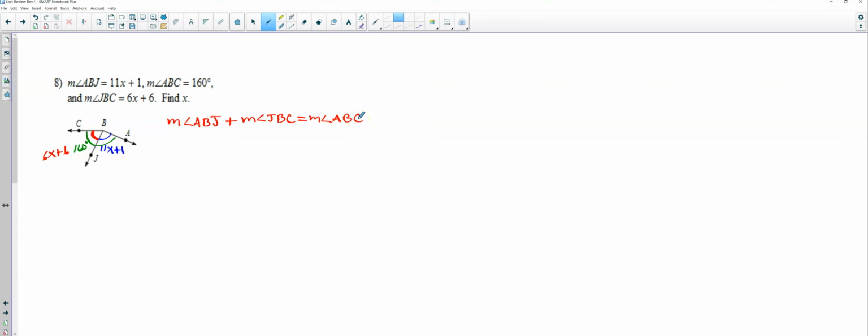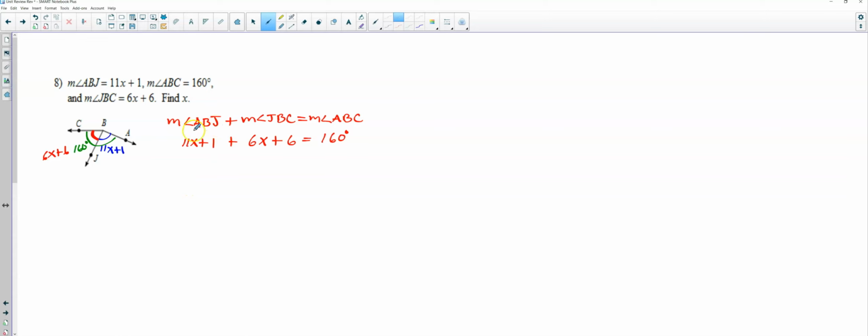Okay, now it's a matter of substitution. Well, ABJ is 11x plus 1 plus JBC, which is 6x plus 6, equals the measurement of angle ABC, which is 160 degrees.